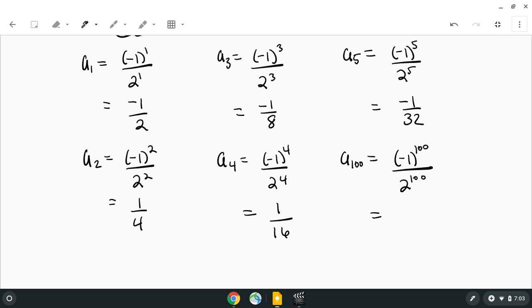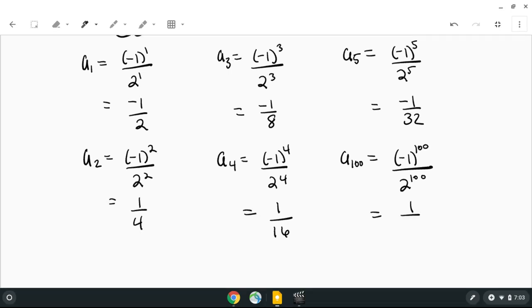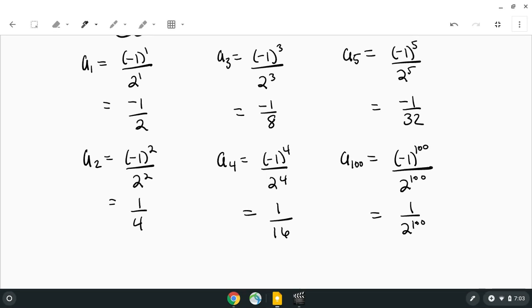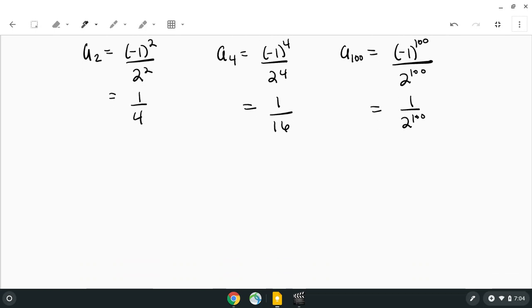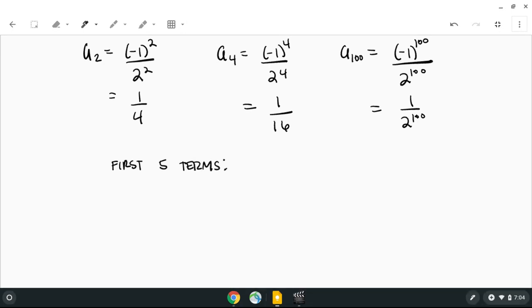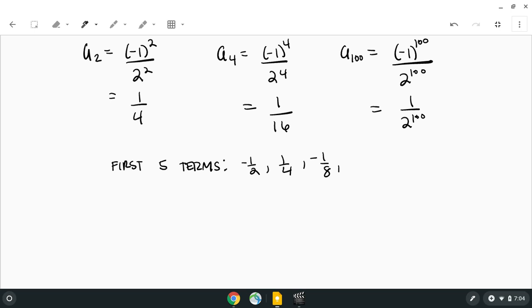So negative 1 to the 100th power is positive, and I don't have a calculator with me, so I'll leave that as 2 to the 100th power. Okay, so the first 5 terms are negative 1/2, positive 1/4, negative 1/8, positive 1/16, negative 1/32.